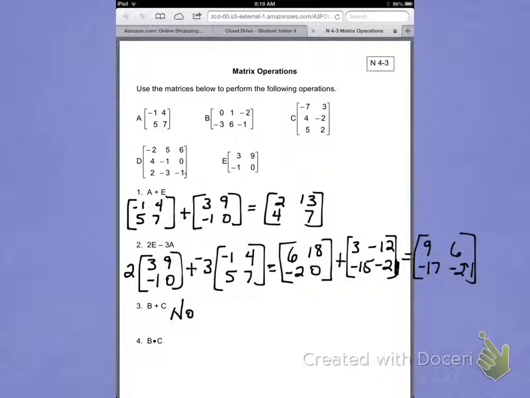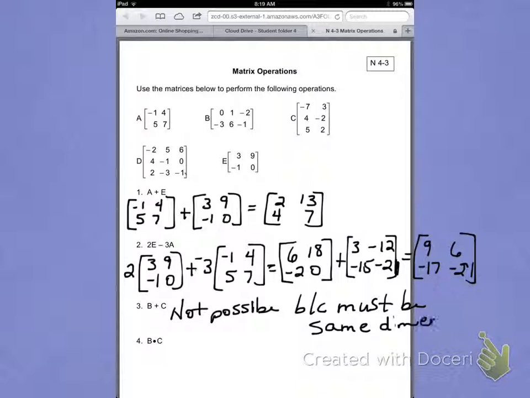This one is not possible because to add they must be the same dimensions. If you just write not possible, that's good enough for the answer for this problem.